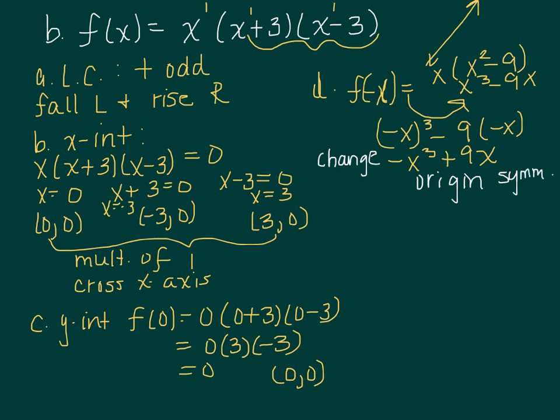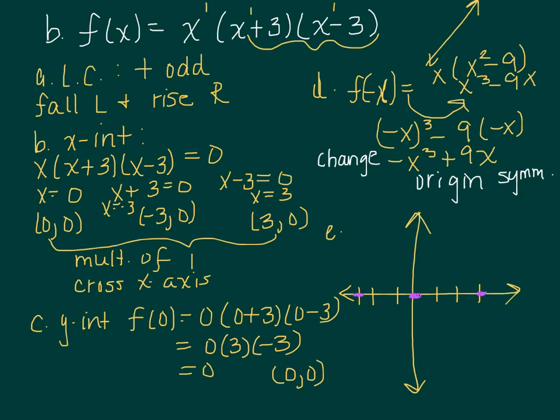And then last, we're going to graph it. Okay, so we have an x-intercept at negative 3, 0, 3, 0, and 0, 0.